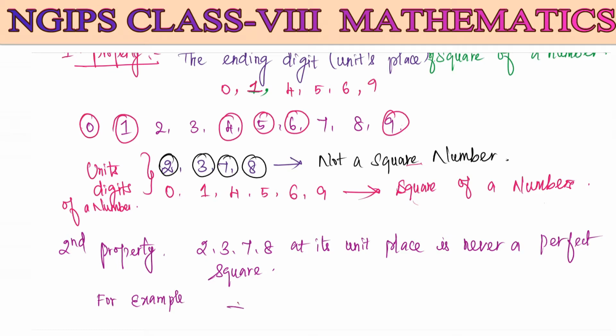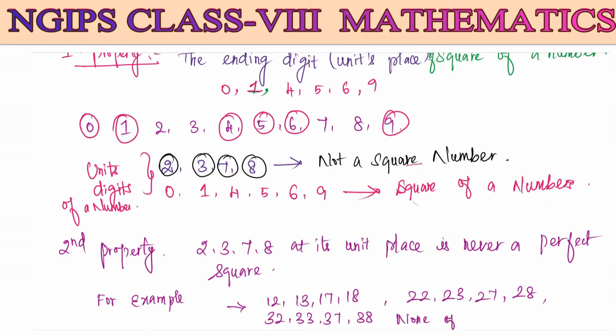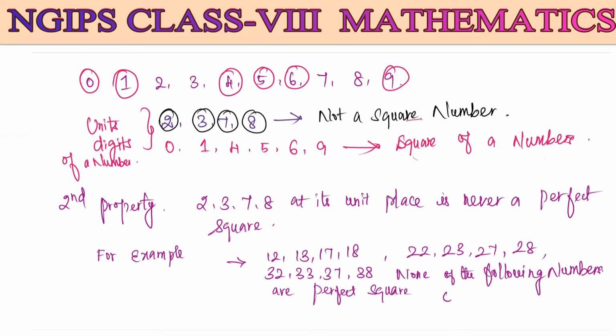Here I can write 12, 13, 17, 18, and I can take 22, 23, 27, 28, 32, 33, 37, 38. None of these numbers is a perfect square. You can even take 42, 43, 47, 48. All these numbers are not perfect squares.